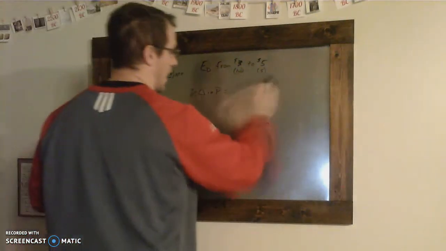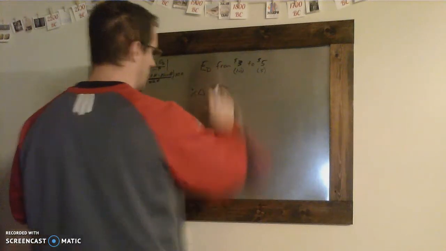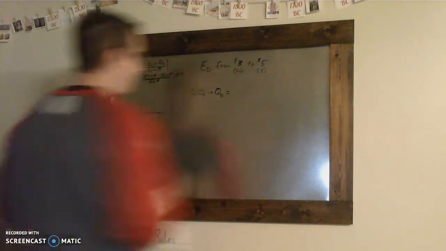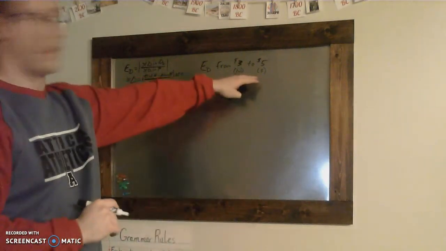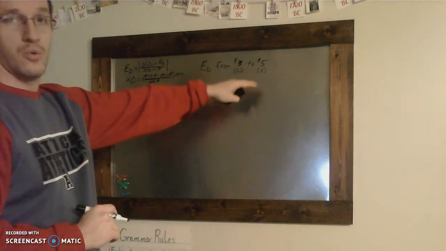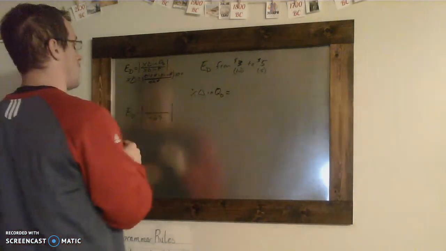Okay, so once again we're going to do that percent change equation again. Only this time we're going to do percent change in quantity demanded. And again, we're going to go back to the original or the old and the new values. So we're doing percent change in quantity demanded.